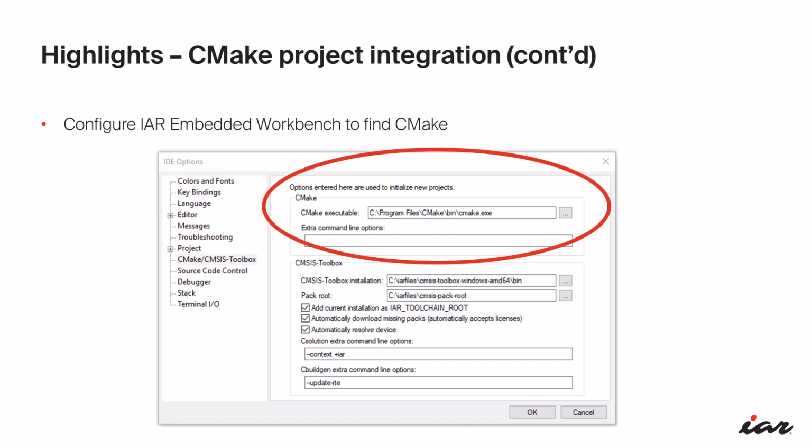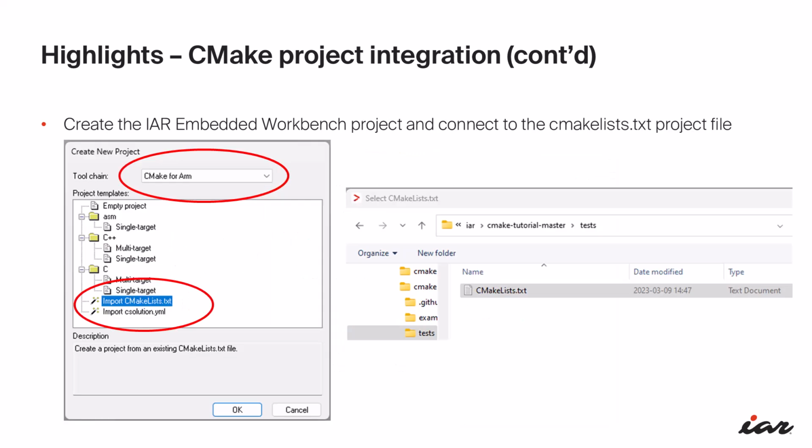The way to set this up is that you configure EWARM to find CMake. That's done in the IDE options, and you point to the CMake executable. Then you create a new project, and the project toolchain type here is CMake for ARM.